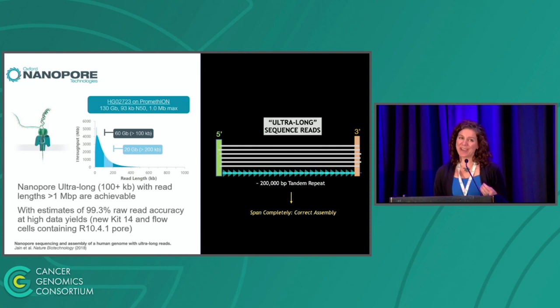So no longer do we have to use these 15 to 20 kilobase reads that look at small mutations. You can almost span these highly repetitive regions in their entirety and end on either side. It's this utilization of both highly accurate and extremely long reads, and also giving a nod that these long reads are getting more and more accurate every day, that allowed us to reach our goal.